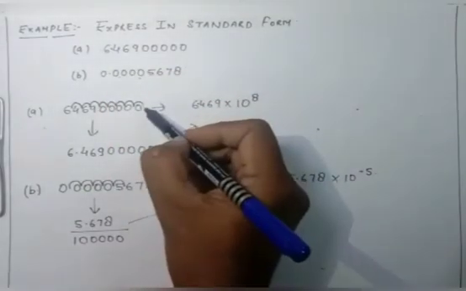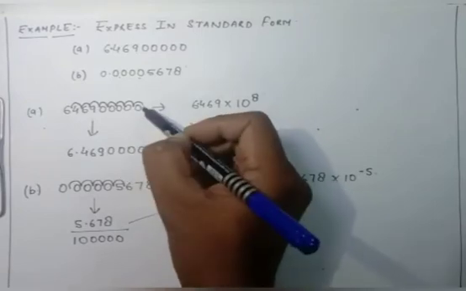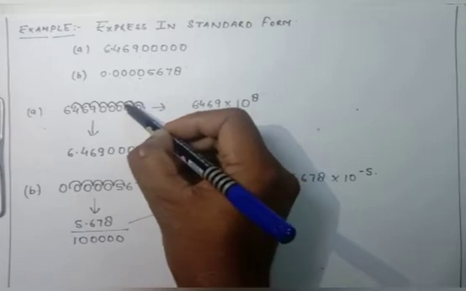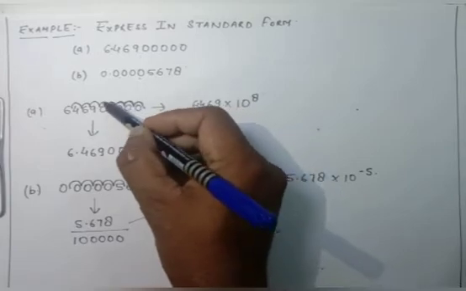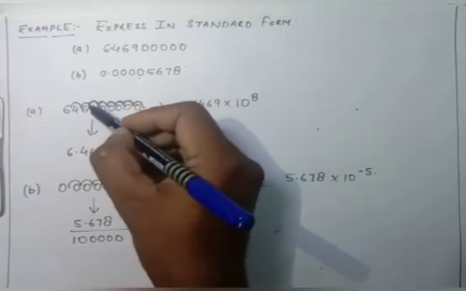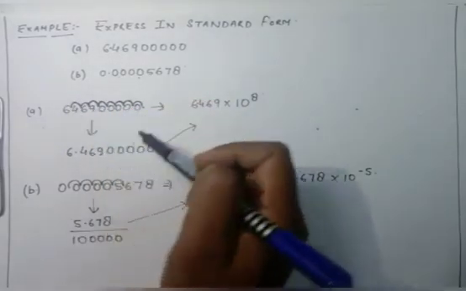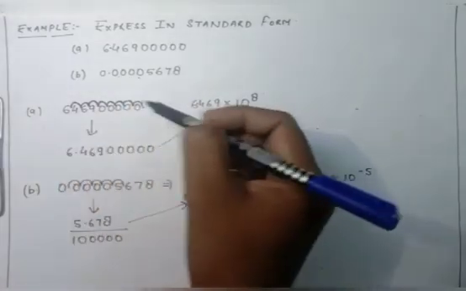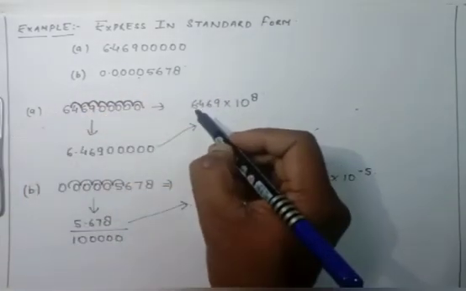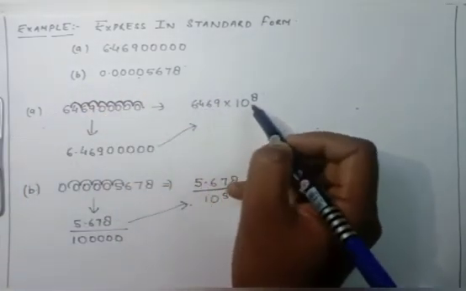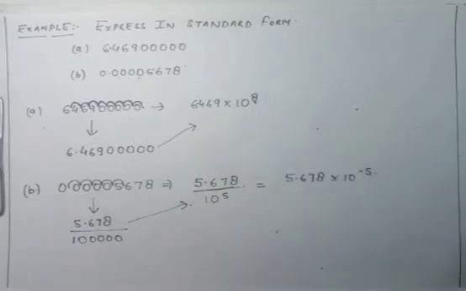So if the decimal is over here, how many places do I have to shift? 1, 2, 3, 4, 5, 6, 7, 8. I have shifted 8 places towards the left, from right to left. So it will be 6.469 into 10 to the power 8. Let us see another example.